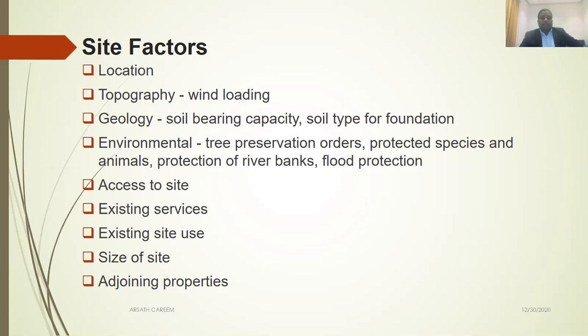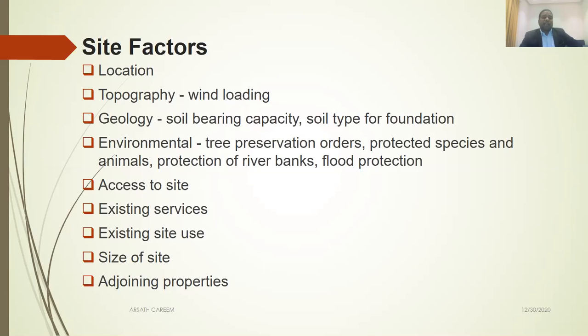In this case, geology is also a major factor. Also environmental: for example, if you want to build a building near a river bank or any flooding area or near a forest, you have to consider the environmental factor. In this case also, the cost of the building will be increased.